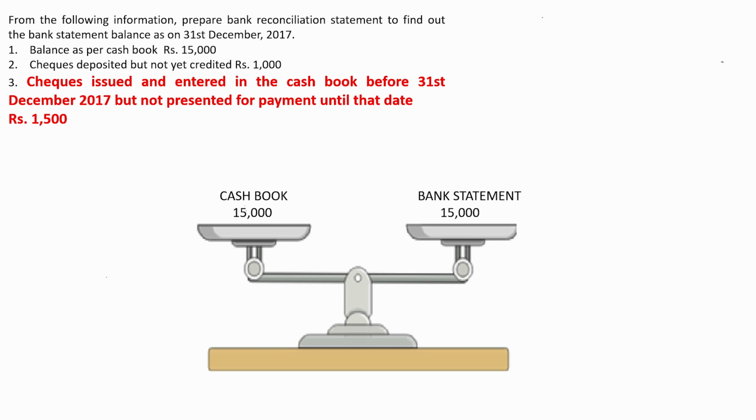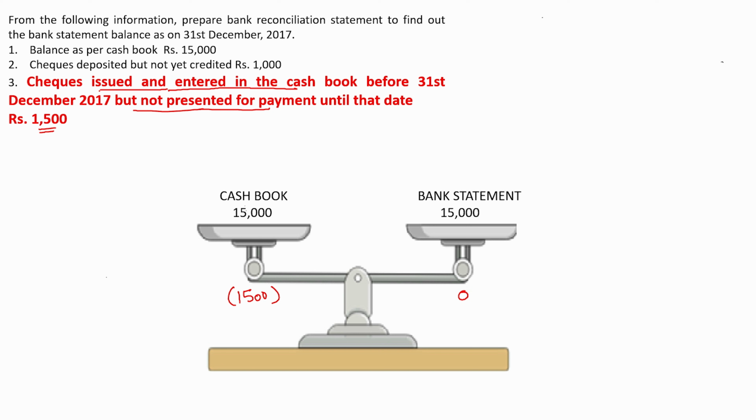Check issued and entered in the cash book. So we have issued checks and it is entered in the cash book and the amount is 1,500. We have shown it as a withdrawal in the cash book, but it is not yet presented for payment. That means in the bank statement, it is not shown as a payment. In the cash book, it is a payment. In the bank statement, it is not a payment.